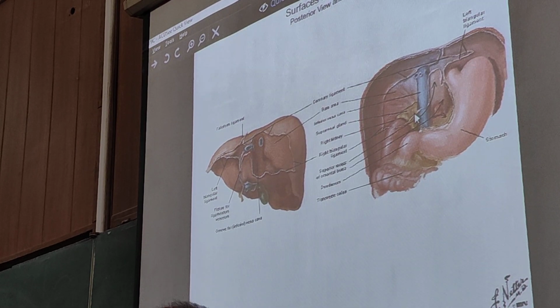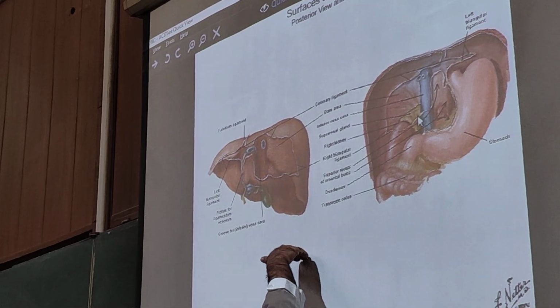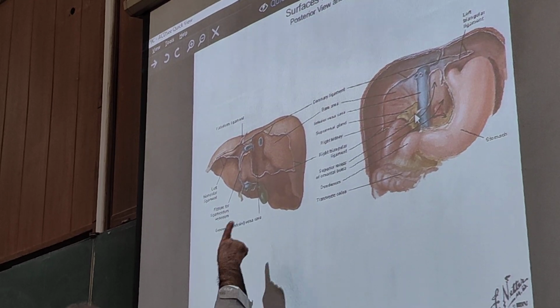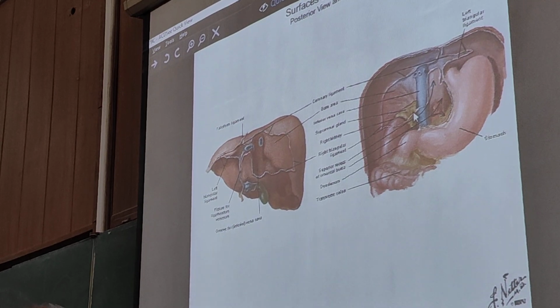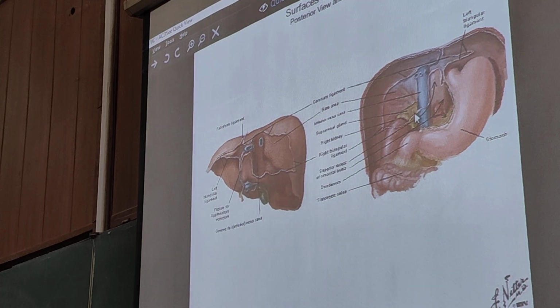When I follow the superior and inferior coronary ligaments to the right, they join to each other and make this. This one is the right triangular ligament. And when I follow the superior and inferior coronary ligaments, they have different fates.